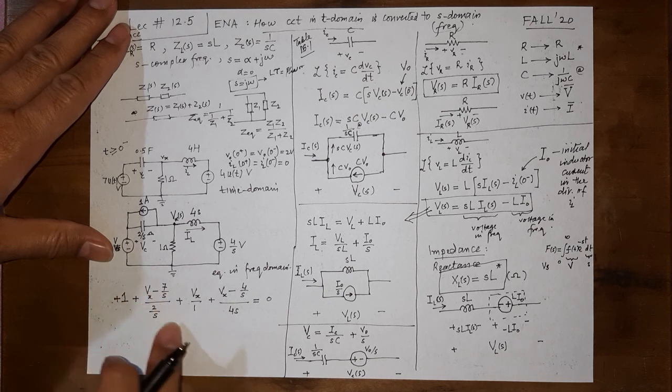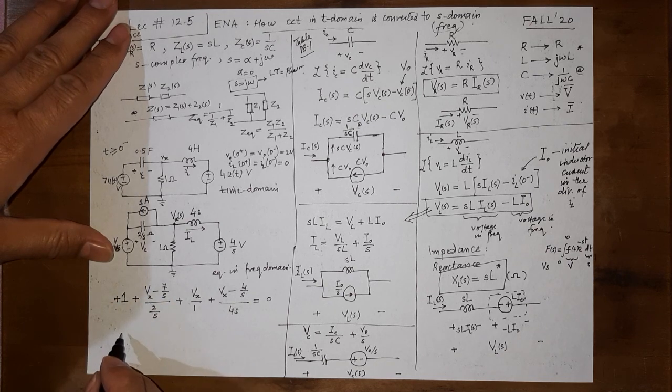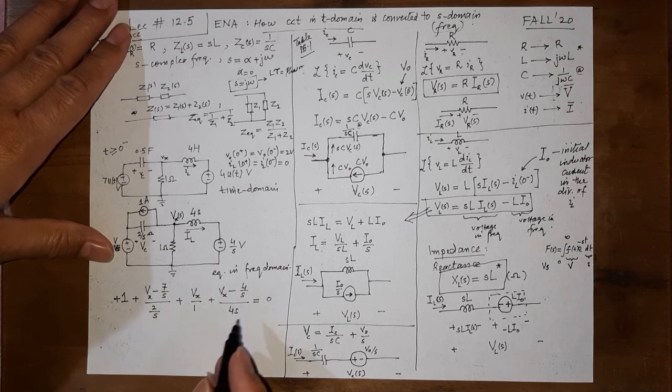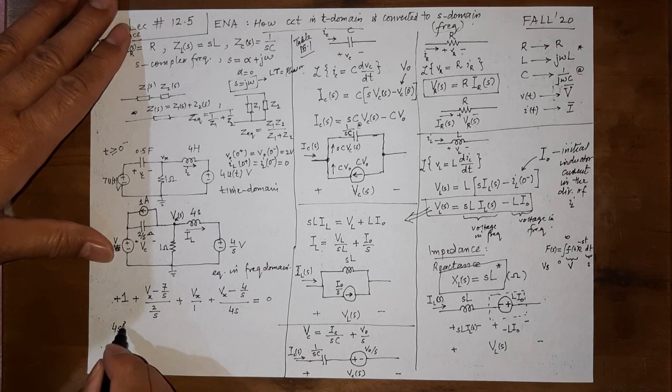And we can write this as this S can go here, and 2 is in the denominator. Here we have 4 over S in the denominator. So we can multiply throughout by 4S square to get 4S square.